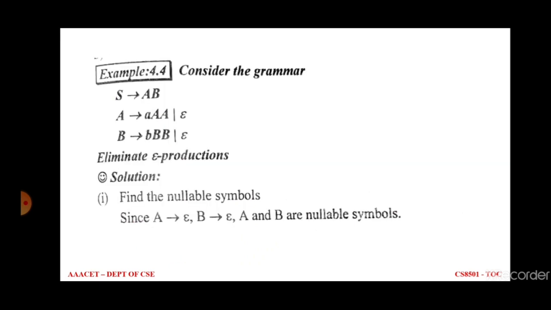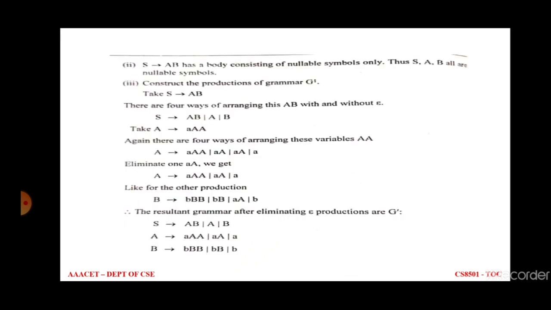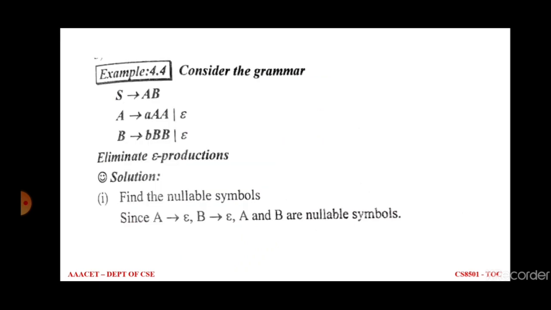Similarly we can do it for the second and third production. So the second production is capital A tends to small a, capital A, capital A. This is the production rule as it is in the given grammar. Then we can substitute epsilon for capital A in the production rule small a, capital A, capital A. There are two capital A's in the second production.